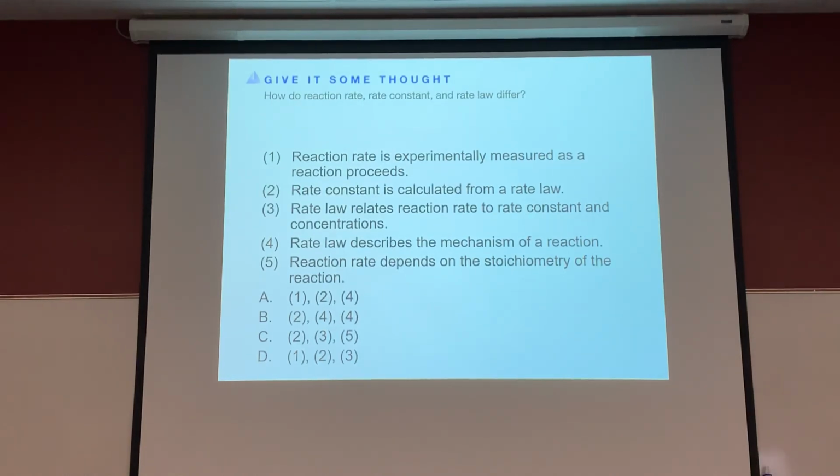Okay. About 3. About number 4. Okay, so the mechanism would describe which things react with which in which way, and that actually comes up later in the chapter. Number 4 does not. How about the stoichiometry?